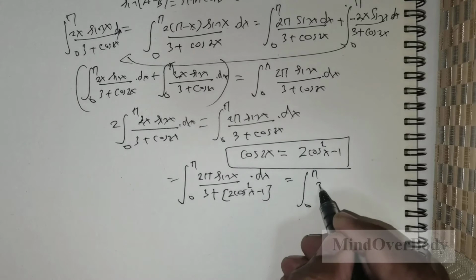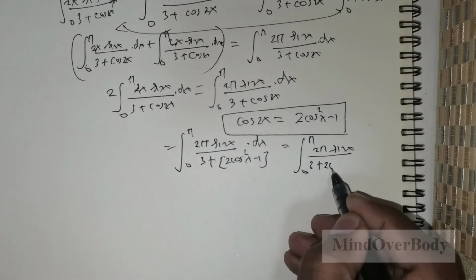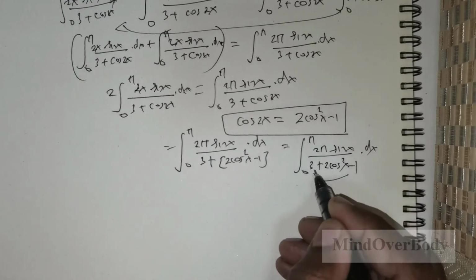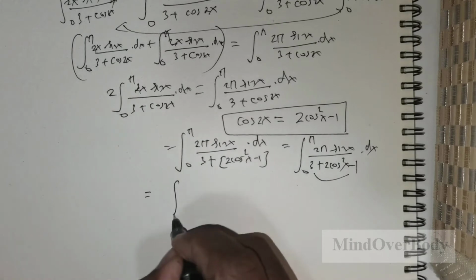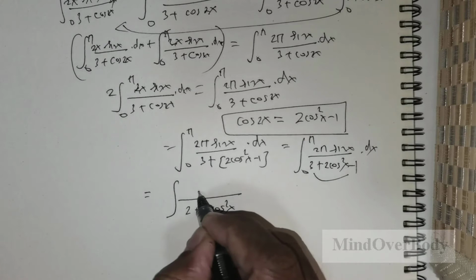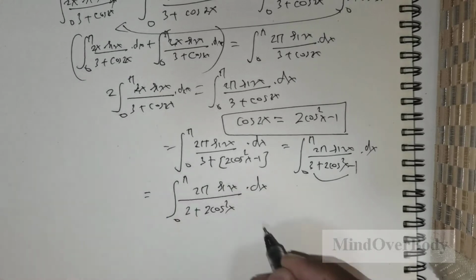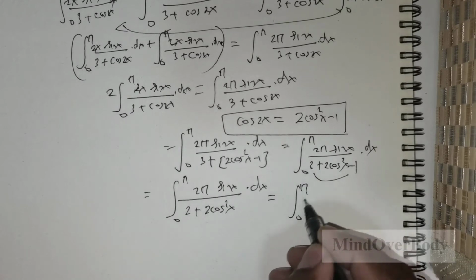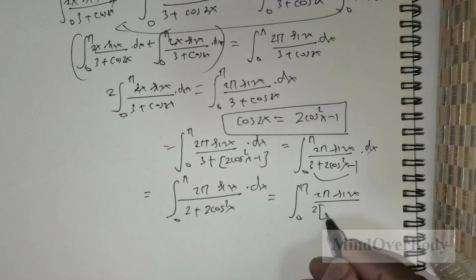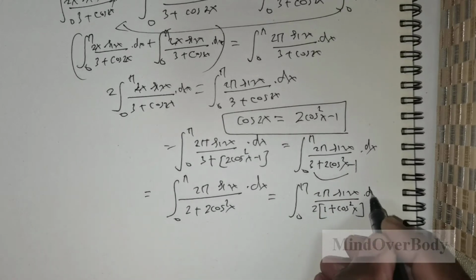Now 3 added with negative 1 will give us 2 plus 2 times cos squared x. On the numerator it is pi times sine x times dx. This can be rewritten as integral of pi times sine x divided by, 2 can be taken out, and this is going to be 1 plus cos squared x times dx.